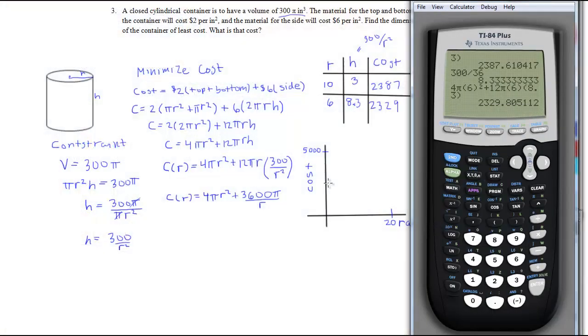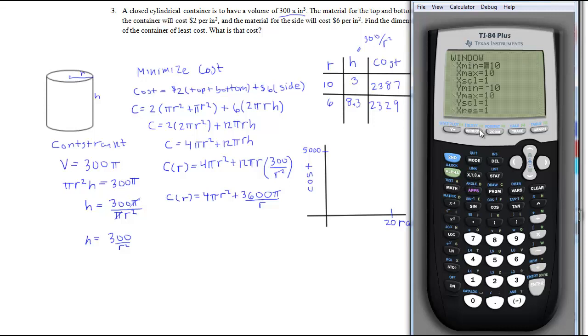So now I'm going to get the calculator back and go to y equals and type in the function 4 pi times the radius squared plus 3600 pi divided by the radius.